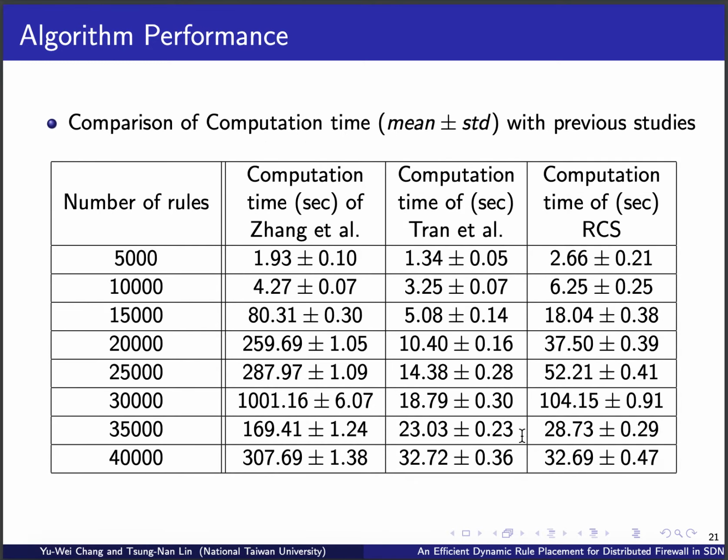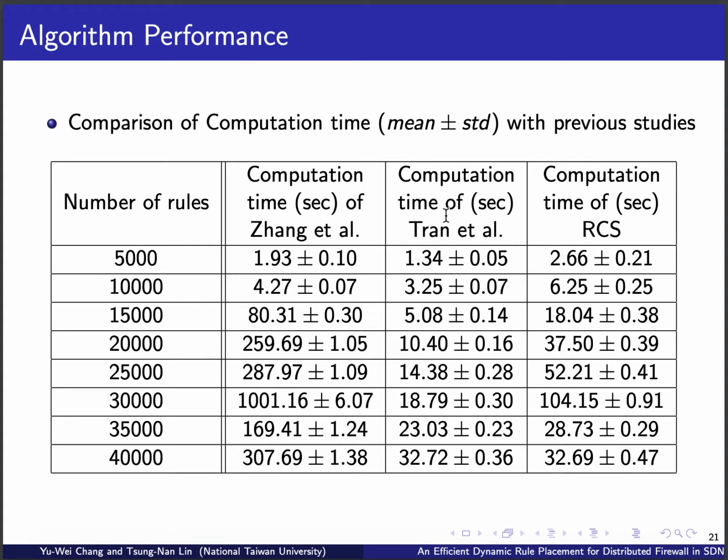Also, we have compared the computation time with previous studies. We can see that on the leftmost column, the computation time of Zhang also shows exponential growth since they use an integer linear programming formulation.